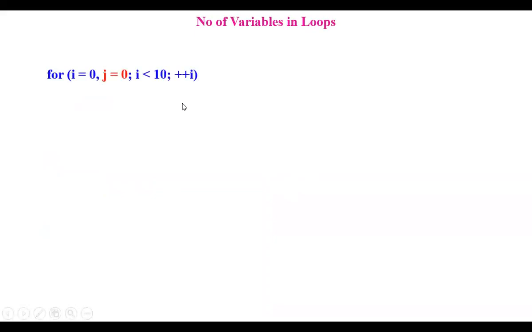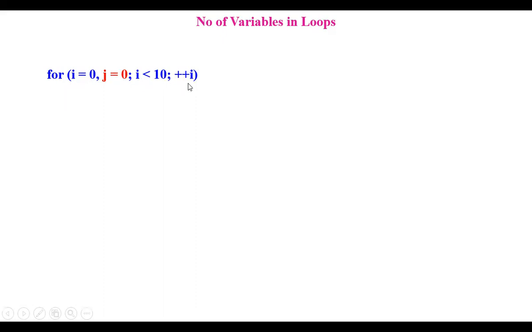This is one application. And another thing is number of variables in loops. So far we have seen, suppose only i or n, something like that, initialized, with some condition for the loop and incrementing. Also, in these loops, we can have other variables, like initial variables. Here, i and j both are initialized here, and the condition may be only with one variable.